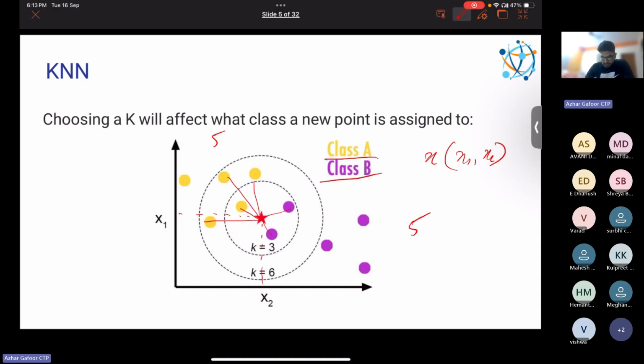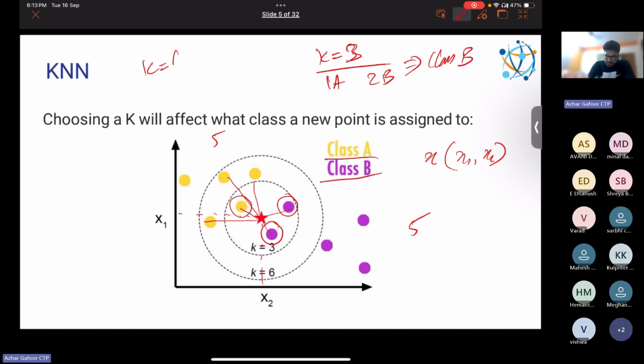So if k is equal to 3, the closest 3 data points are 1, 2, and 3. And among the 3, we have 1 of class A and 2 of class B. So if k is equal to 3, we will assign the data to be class B.